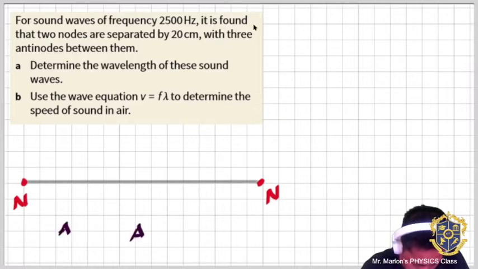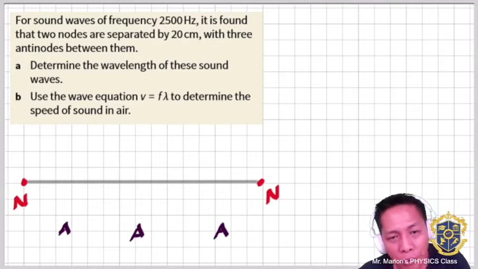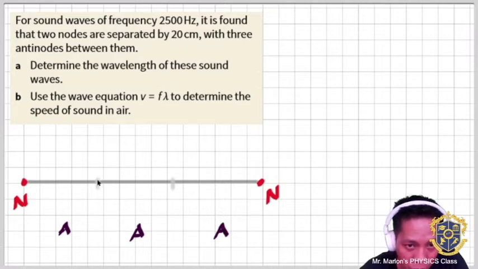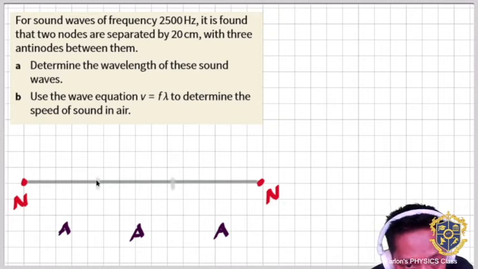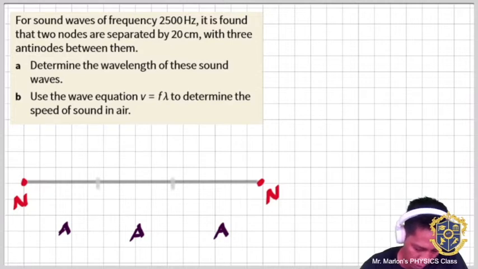It's not going to be very hard to see that there should be some nodes around here in order for you to have different antinodes. If there are no nodes here, then there is no other antinode except the one in the middle. So there have to be 2 additional nodes apart from the 2 nodes given in the problem. Now we can try to draw the graph here.